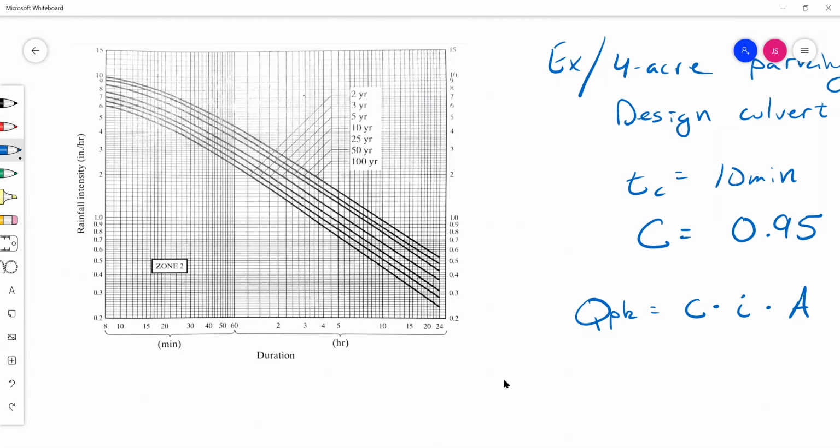It's really detailed, and it shows us durations and intensities for just minutes. So 10 minutes. Let's see if we can draw on this. We can. So we're going to draw up here for a 10-minute duration. We're going to equal that to the time of concentration. Remember, Tc is equal to duration.